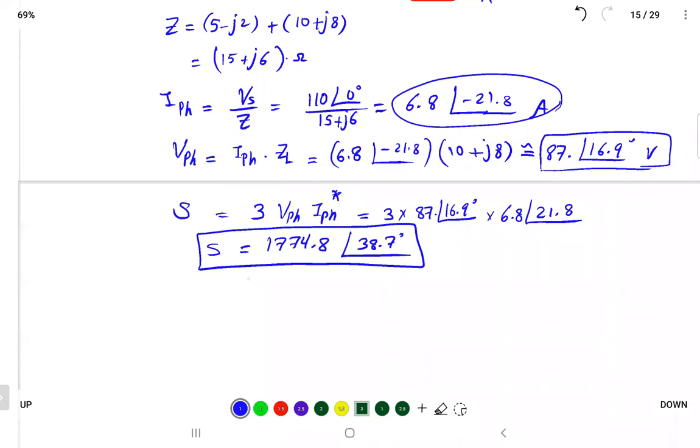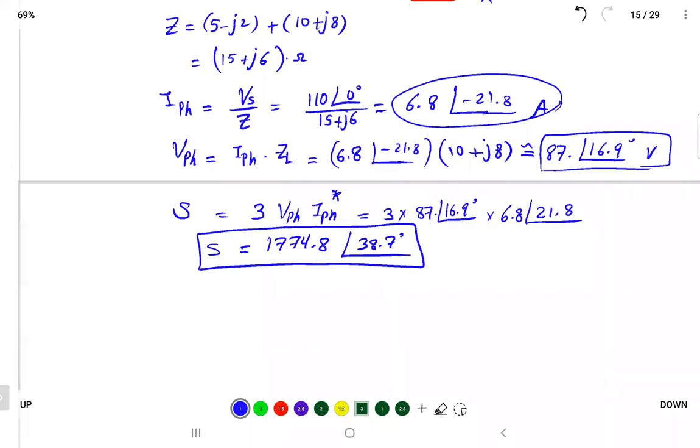Of course, you can say that the apparent power, 1774.8 times cosine 38.7, is the active power. Reactive power is the same magnitude, 1774.8 times sine 38.7. You can do that too. But I'm just going to use the calculator.